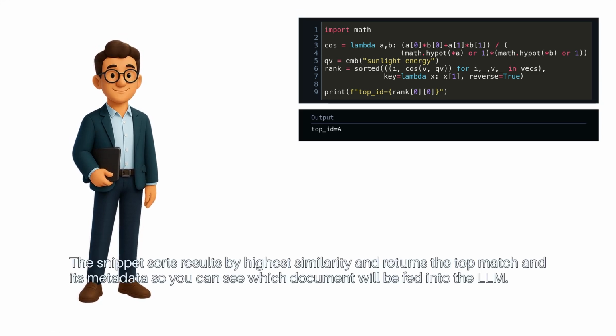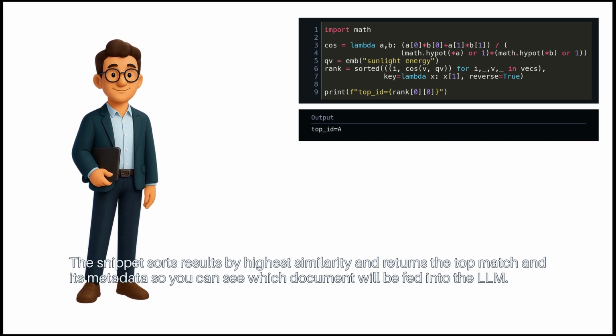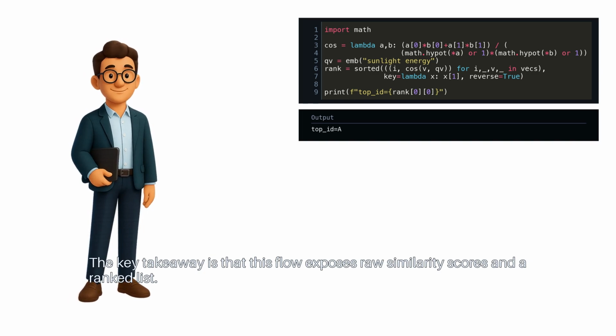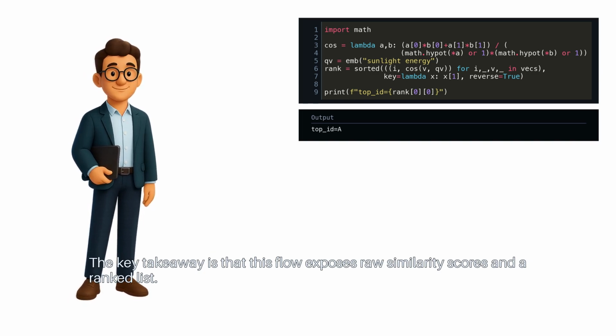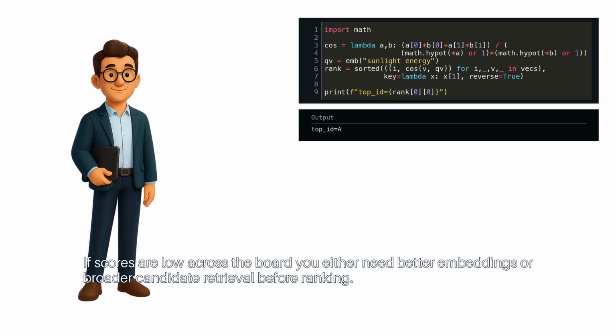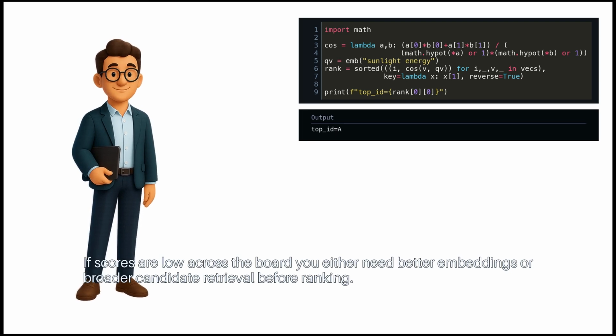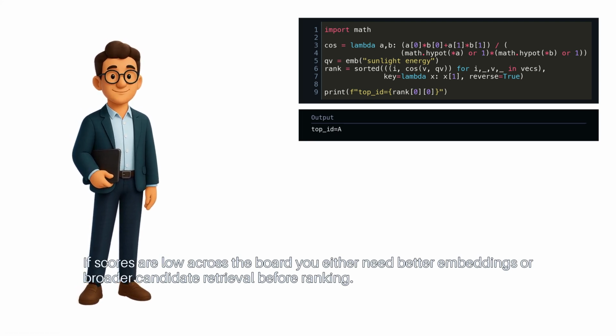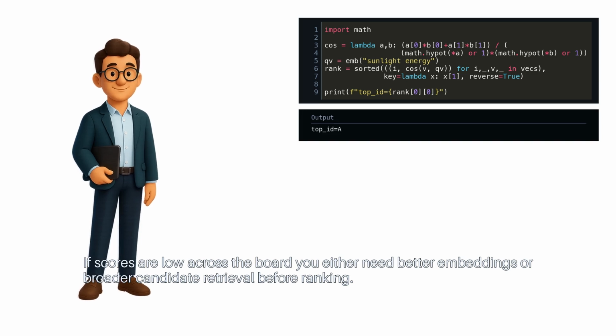The snippet sorts results by highest similarity and returns the top match and its metadata, so you can see which document will be fed into the LLM. The key takeaway is that this flow exposes raw similarity scores and a ranked list. If scores are low across the board, you either need better embeddings or broader candidate retrieval before ranking.